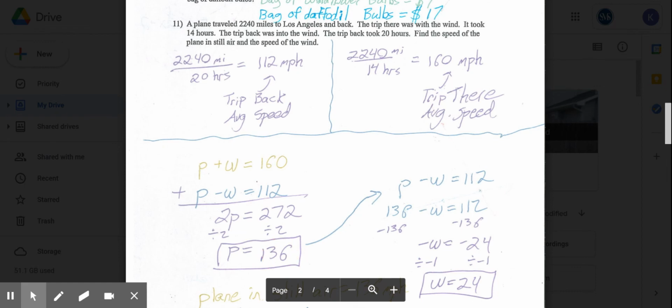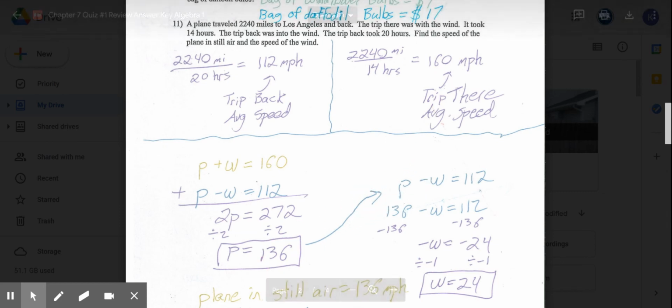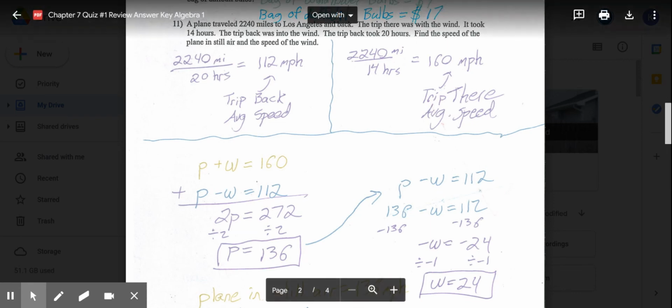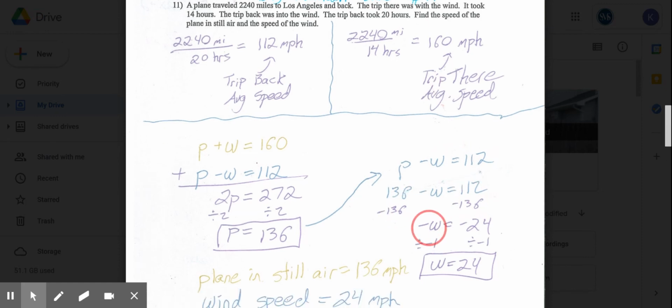So we know p, the plane speed. Then I can substitute that into either of the originals to figure out the wind speed, or w. So 136 minus w equals 112. Subtract the 136, and we end up with negative w equals negative 24.